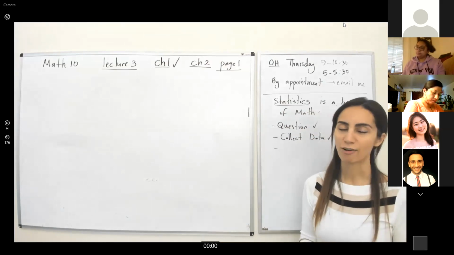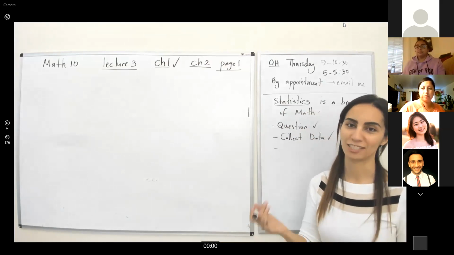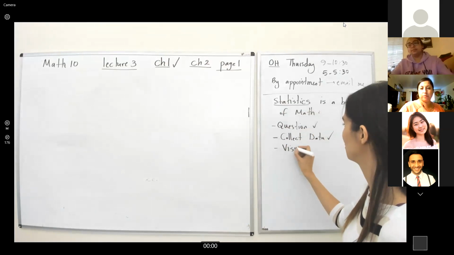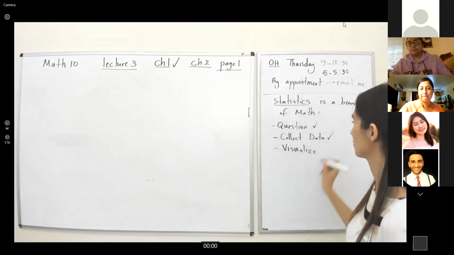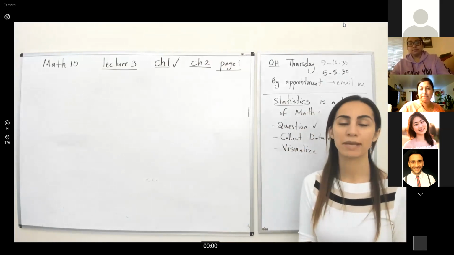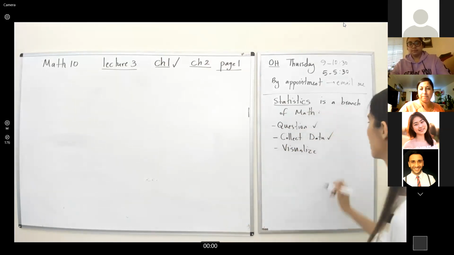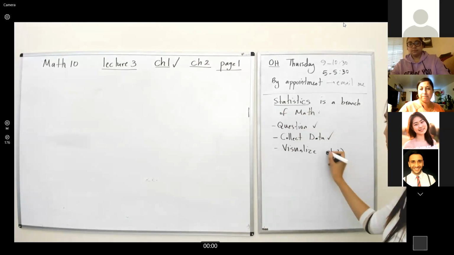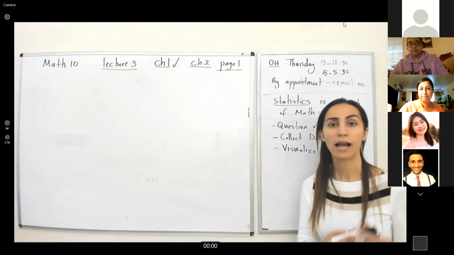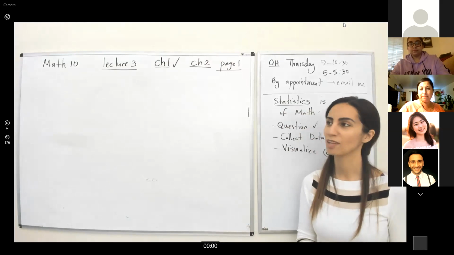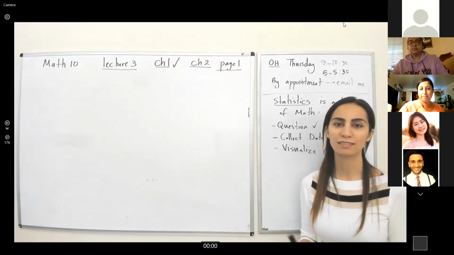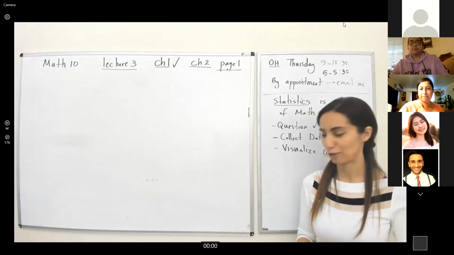Then our goal is to visualize the data. Chapter 2 is mainly focused on visualizing the data. Chapter 2. Okay, how do we visualize data? There are different methods in visualizing the data.